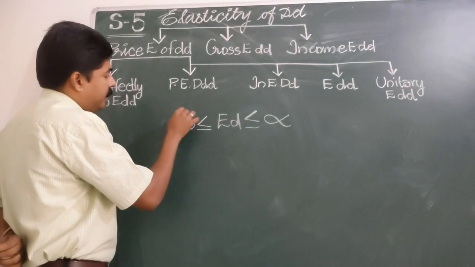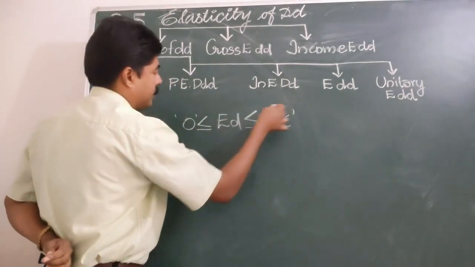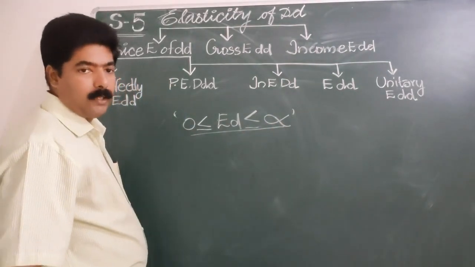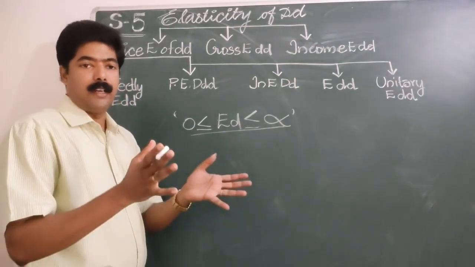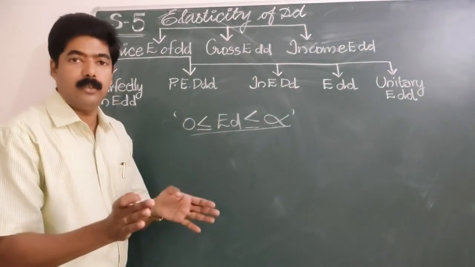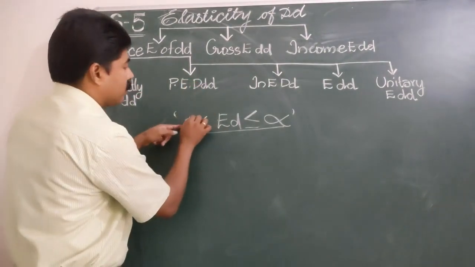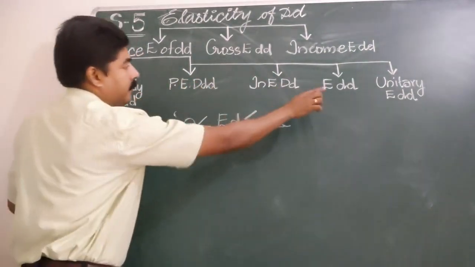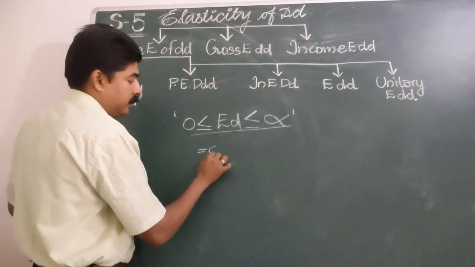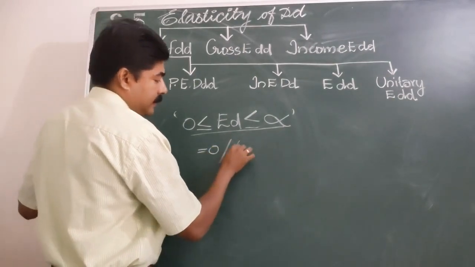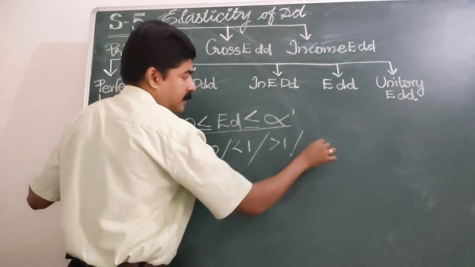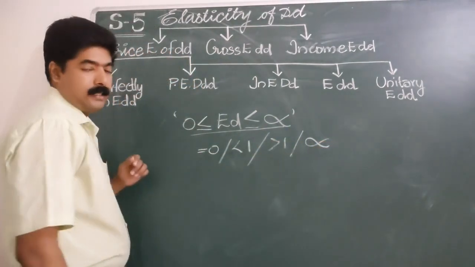The price elasticity of a particular commodity can be classified in different degrees, and the values lie between 0 to infinite. It can be 0, less than 1, greater than 1, or else infinite.